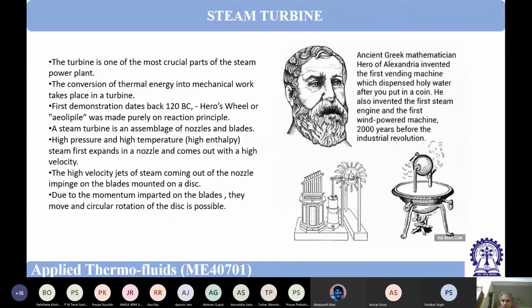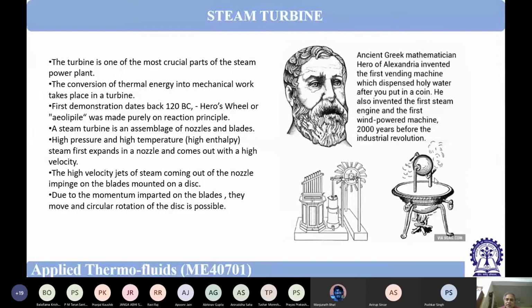It cannot be made into a turbine which will conveniently produce mechanical work. So I have just given something from literature that this gentleman was a very good inventor. He invented many things.